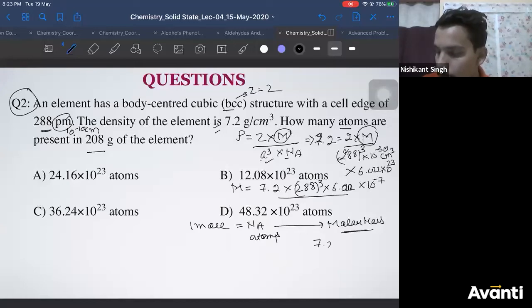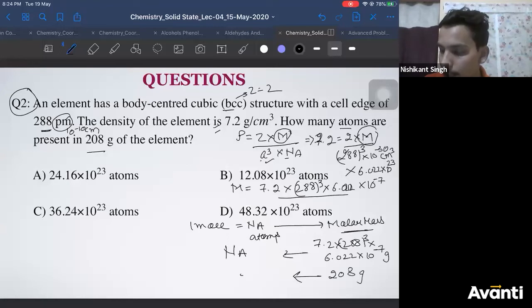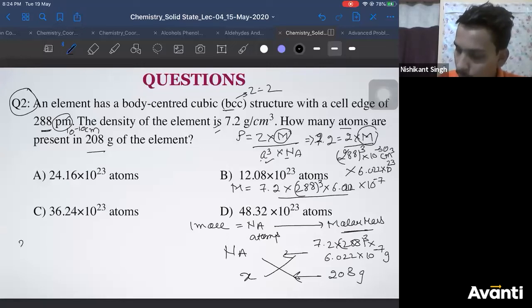So if molar mass contains Na atoms, and we already know the value of molar mass, which is 7.2 into 288 whole cube into 6.022 into 10 power minus 7, this contains how many atoms? Na atoms, right? So 208 gram will contain how much? Let us say X. On cross multiplication, your answer X will come out to be 208 Na.